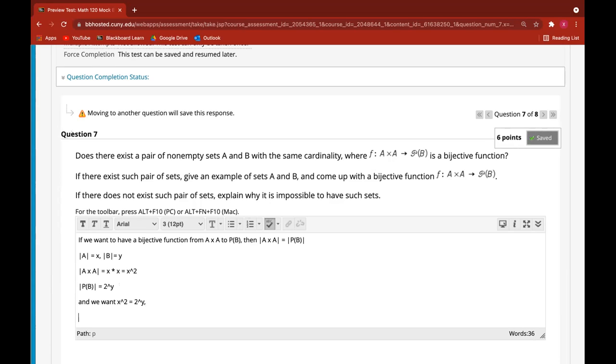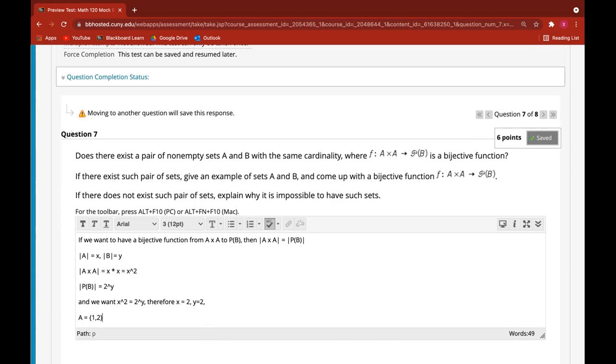So what do we know about X and Y? Therefore, X needs to be 2 and Y needs to be 2, which means A and B need to be sets with 2 elements.